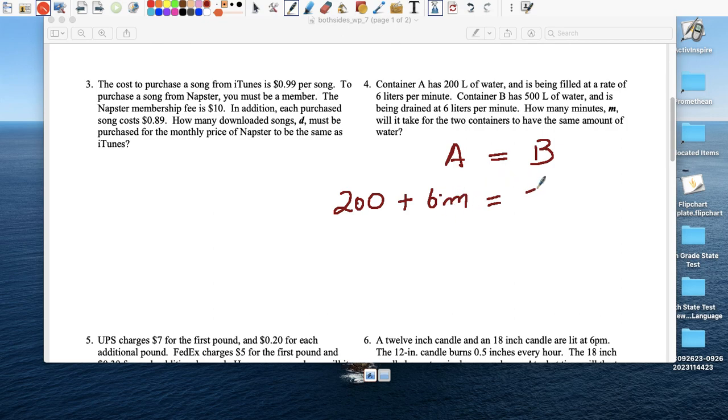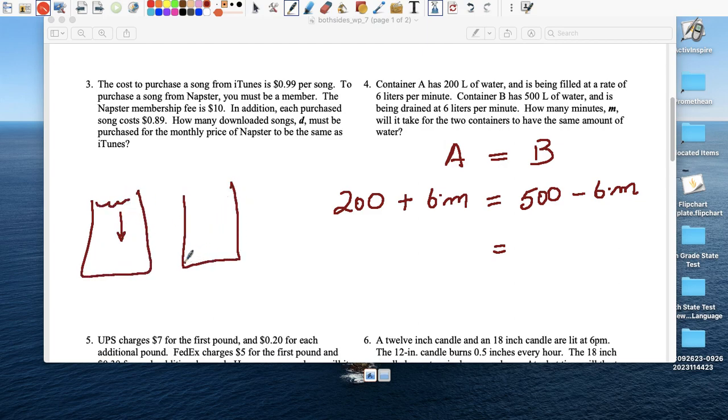And container B has 500, but this one is being drained, so it's losing 6 liters per minute. So you have one container that is decreasing, and this one is filling up, and the water is going up. At some point, they're going to be at the same level, and that's what we're trying to look for.